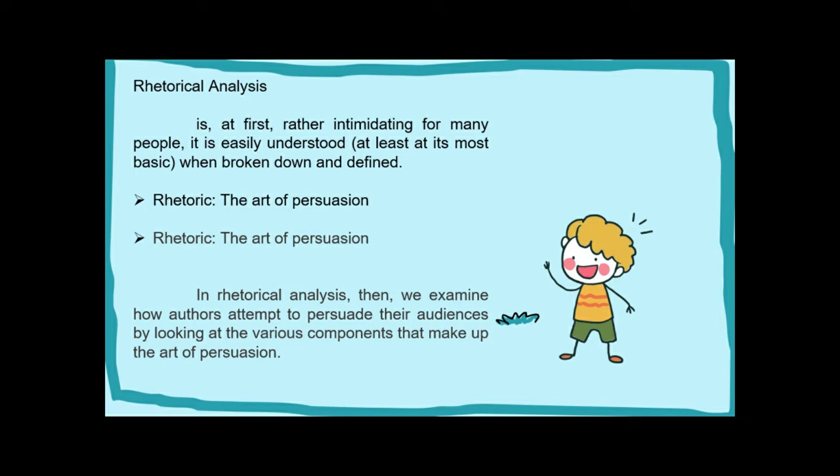That is a good example of analysis, the breaking down of something into its parts. In rhetorical analysis, then, we examine how others attempt to persuade their audiences by looking at the various components that make up the art of persuasion.